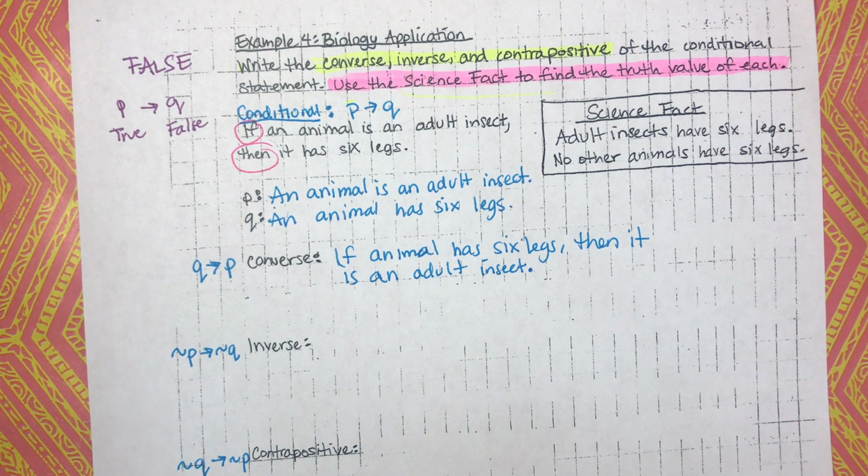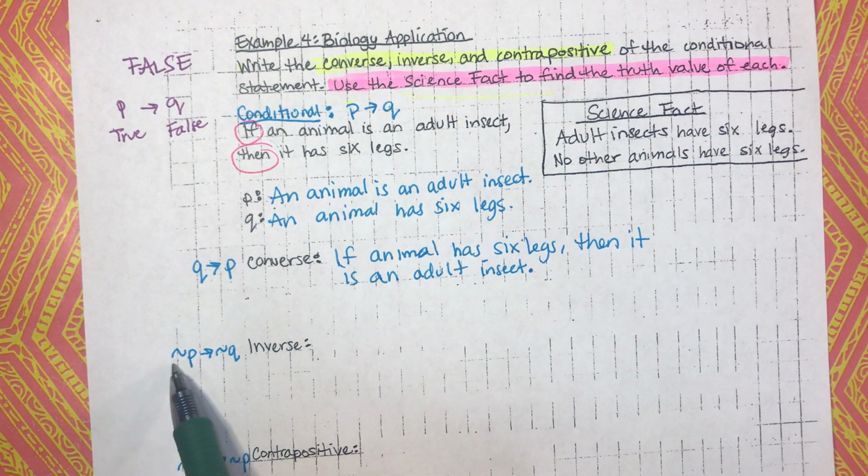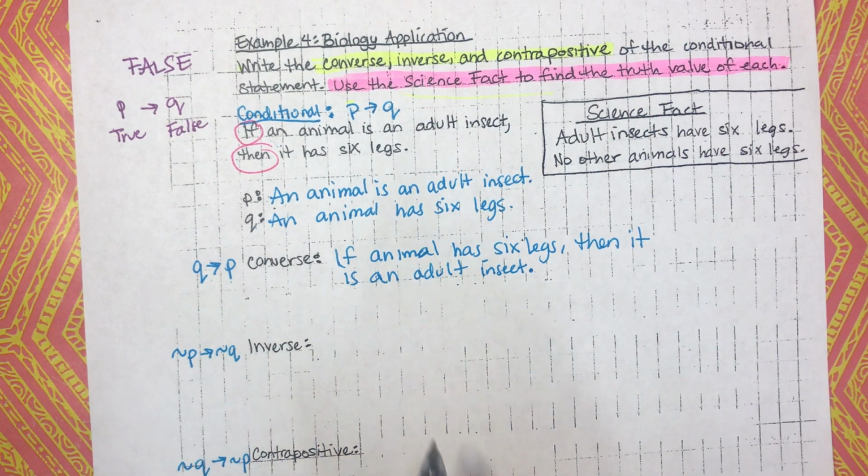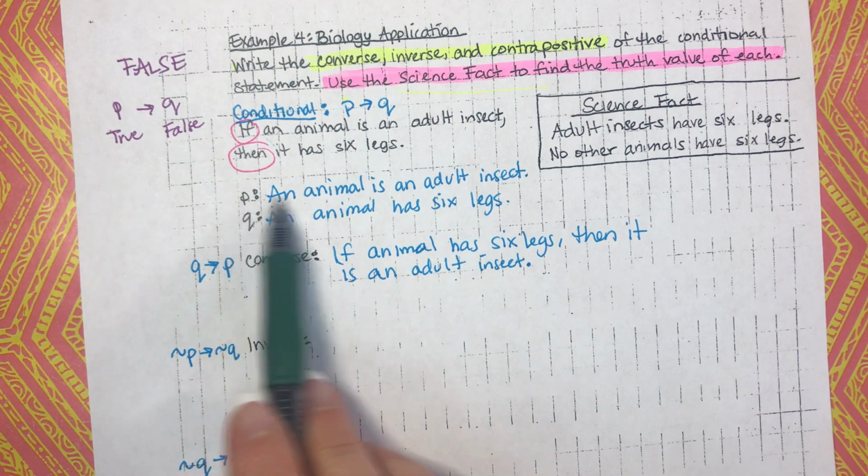Let's go ahead and write the inverse. I'm going to write it in a different color. Inverse. That's where we put in the negations. So we go back to if P, so we use the hypothesis.